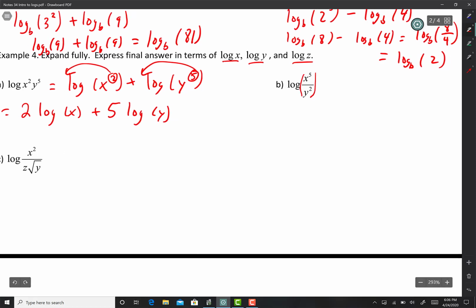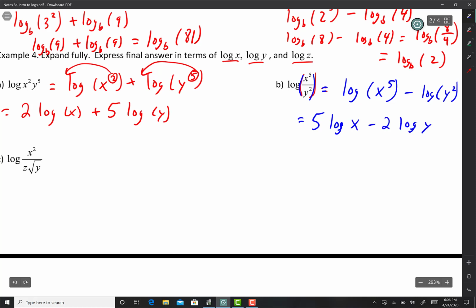It's a quotient. I probably should have done that, my bad habits are coming out. I'm going to put it in blue so we don't confuse it with what I have here on the top. So log of x to the 5th minus log of y squared. I'm going to bring these exponents, or these powers, to the front, guys. So I'm going to have 5 log x minus 2 log y. And there it is. That's it.